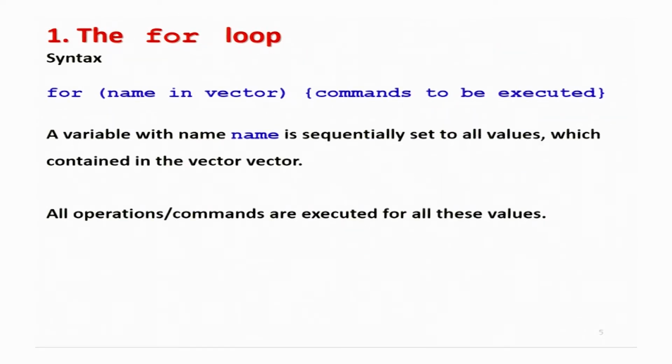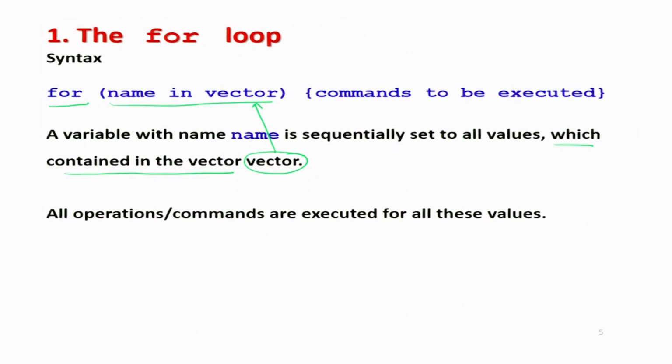Now the question is, how are you going to work with the for loop in the R software? The syntax for the for loop is that first you write for, and then inside the parentheses you have to give a name, and it means you have to be careful that I am writing here which is contained in the vector. So, this counter variable is corresponding to this vector, right.